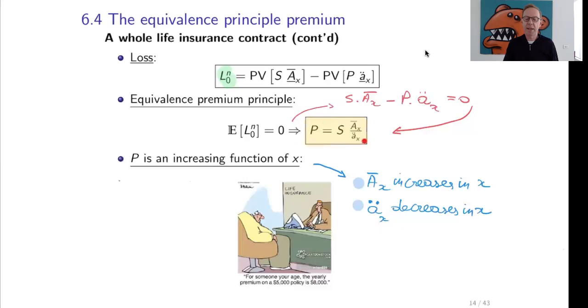So you easily can conclude that indeed P is an increasing function of x, which is to be expected. If you underwrite a lifelong life insurance contract at a certain age x and you pay for it by lifelong premiums, the older you are, the more premium you will have to pay.